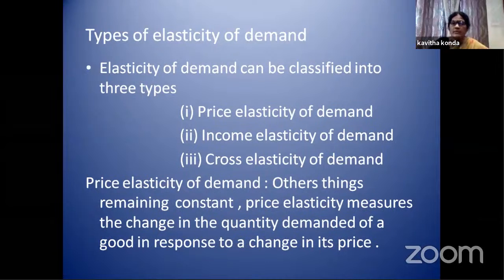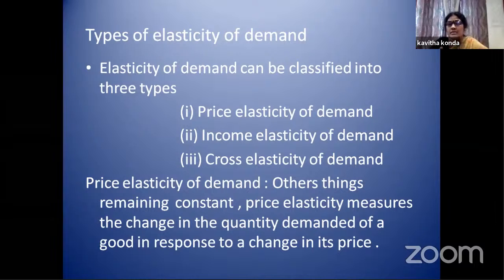We'll discuss the price elasticity of demand here. In the title itself, you can see it is an elasticity for the price, meaning other things remaining constant. Other things means the prices of related goods, income, tastes, and preferences remain the same when price changes.